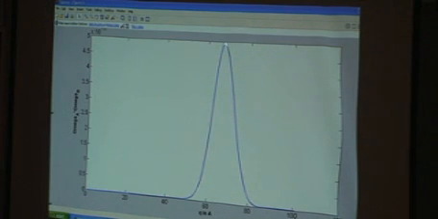So the probability, or this variable, is extremely large.